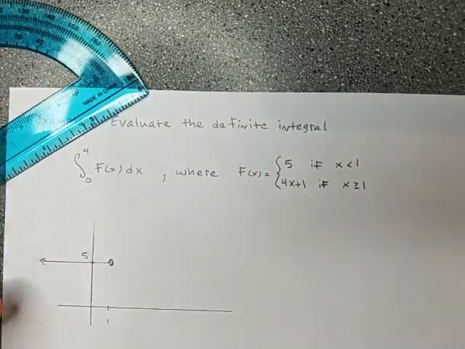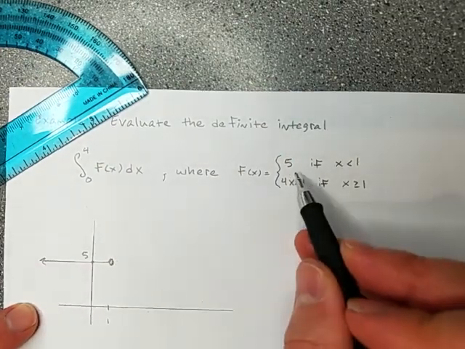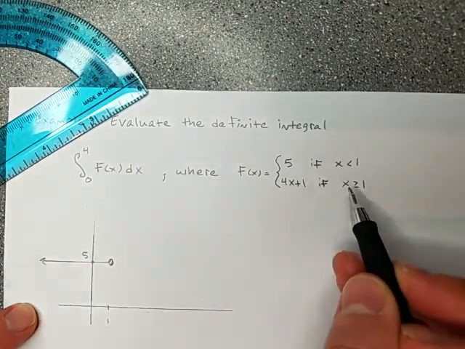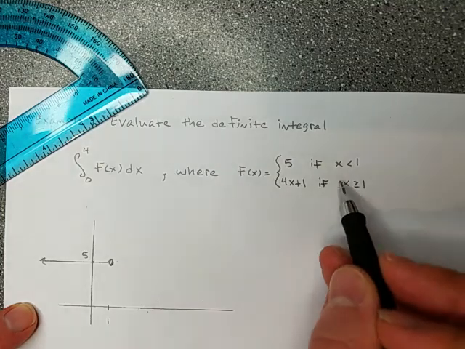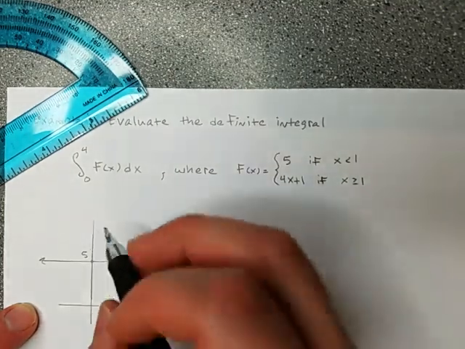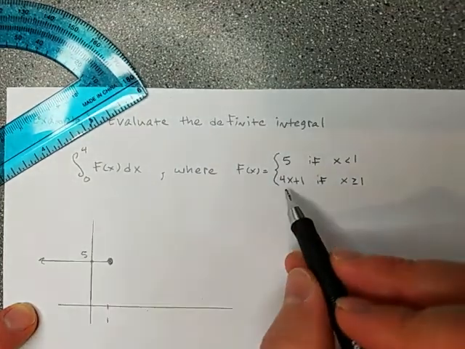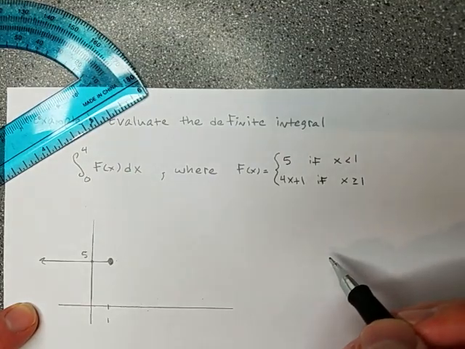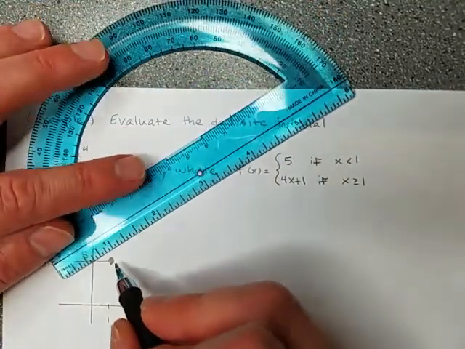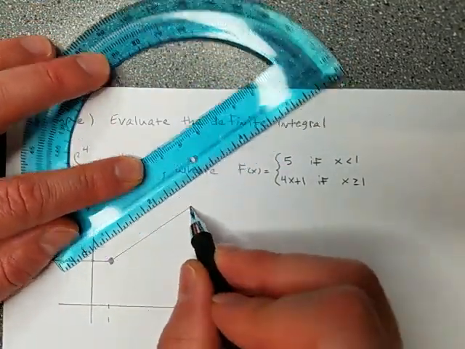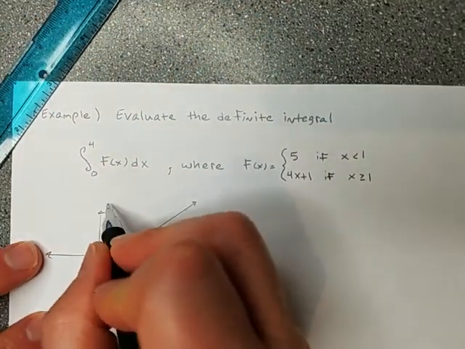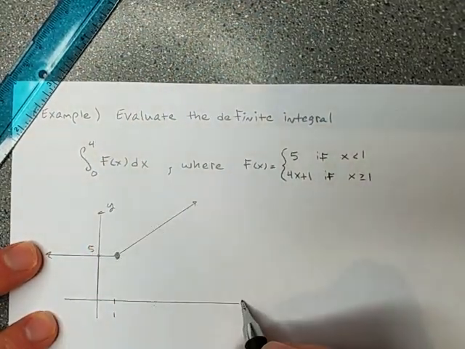Okay, hits the y-axis at 5 and that point's open, but then this other one picks up right where this one leaves off at 1. If you put 1 for x, you get 5 for y, so that includes this point. And then from there, it's a line, and it's going to just go up with a slope of 4. Okay? All right. So it looks something like that.